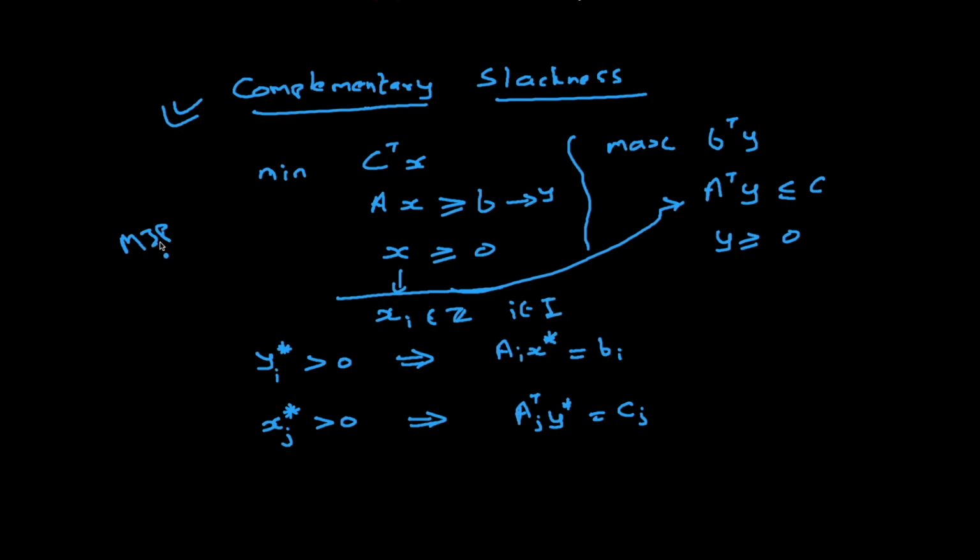Okay, so the way we use this complementary slackness is, first of all, we will not really consider these integer variables at all, right? So if we fix all the integer variables to some values, some feasible values, then what we are left with are the remaining continuous variables, and that becomes a linear program, right?